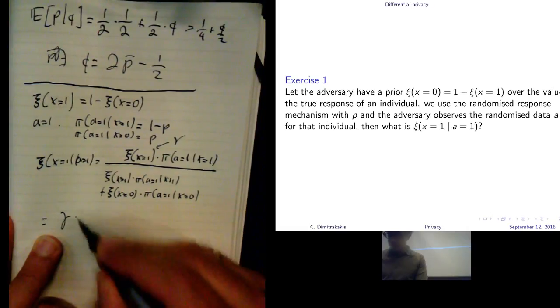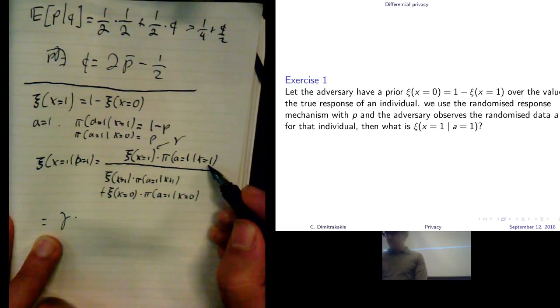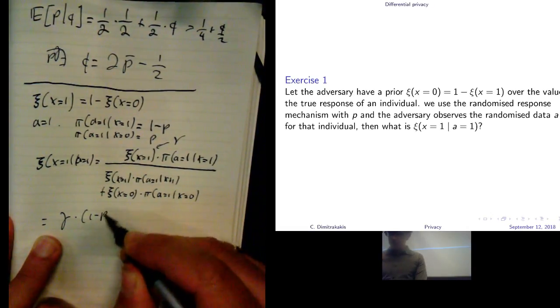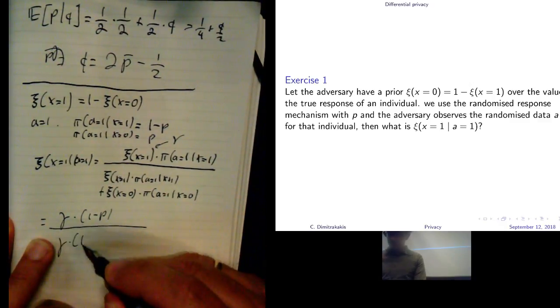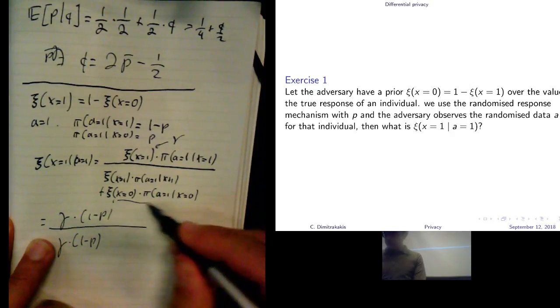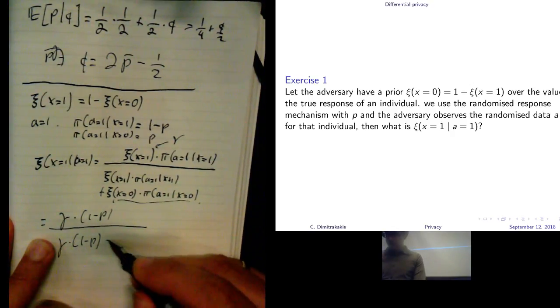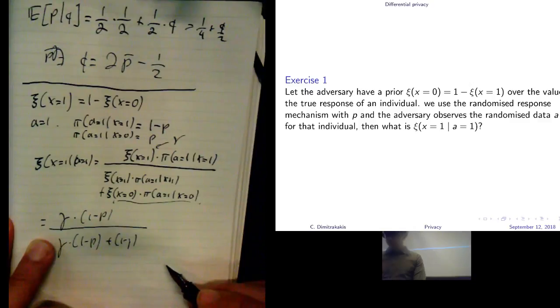So it's gamma times the probability of a equal 1 given x equal 1, which is 1 minus p, right? And then the same thing here, where the prior is 1 minus gamma, and this is going to be p.